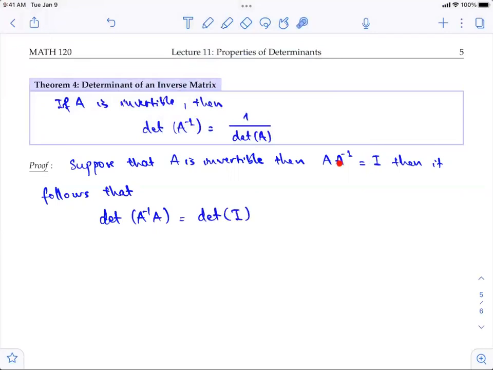Basically, you just take the determinant on both sides of this equation, right? And the determinant of the identity matrix, let's see the identity matrix here: ones on the diagonal, and everywhere else zero. So this is a diagonal matrix. The determinant of a diagonal matrix is just the product of all the entries on the main diagonal. So everything multiplied together gives you one.